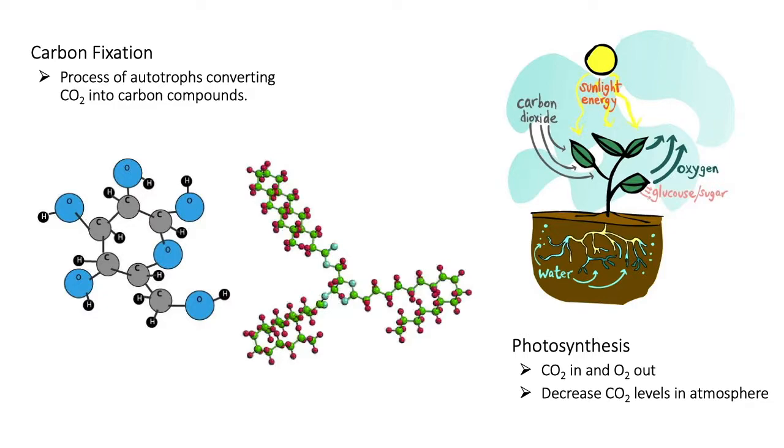Now, because of this gradient, CO2 therefore diffuses from the atmosphere or the hydrosphere into the autotrophs, which are part of the biosphere. We will get into the hydrosphere later on in the video. Now, one of the products obtained from photosynthesis is oxygen, which is what autotrophs release back into the atmosphere and what organisms such as us humans absorb.